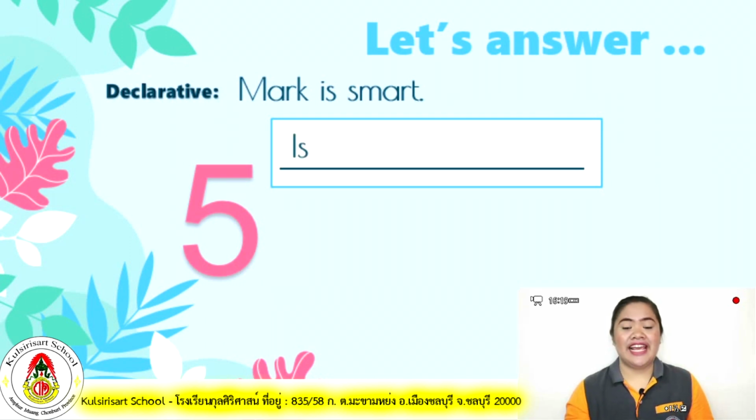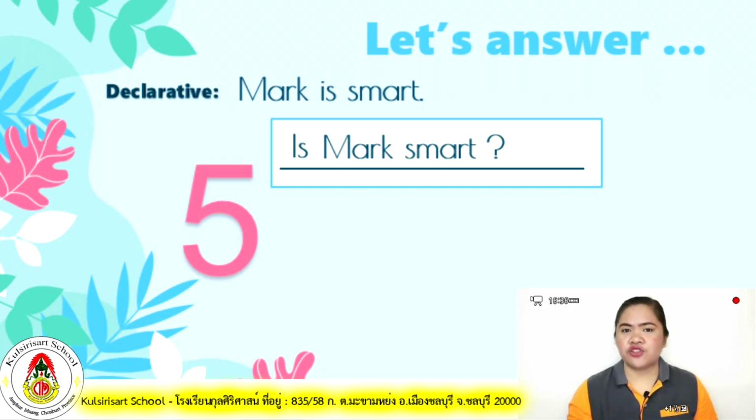Very good. Is, we have the be verb is first. Is Mark smart? But what is the punctuation to be used? Okay, question mark. Do not forget the question mark. How will you read the yes or no question answer?